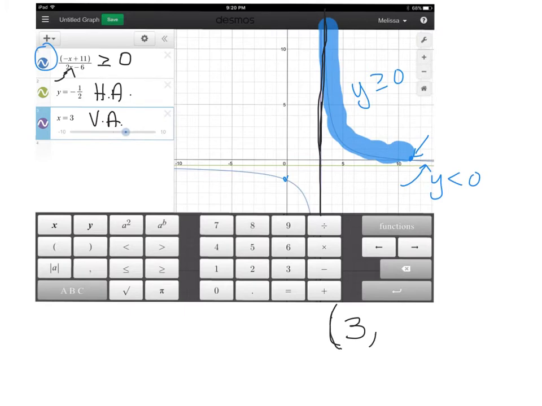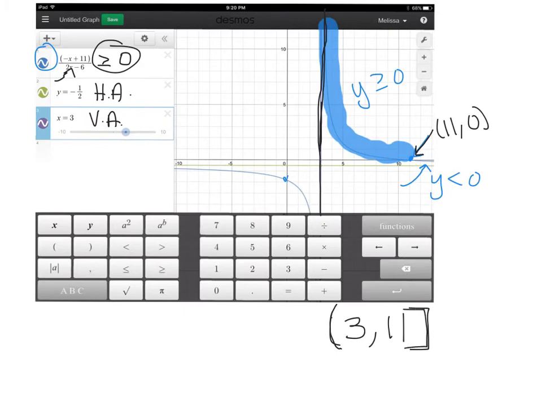And we will be greater than or equal to 0 for all x values all the way up until, again, when I reach the x-intercept, which occurs at 11. And I am going to include 11 because our inequality includes 0. It's greater than or equal to 0. And since at 11 my y-coordinate is 0, I'm going to include 11 in my solution set.